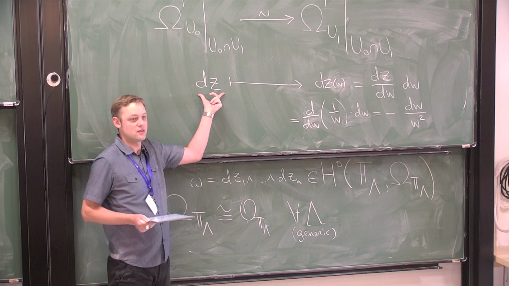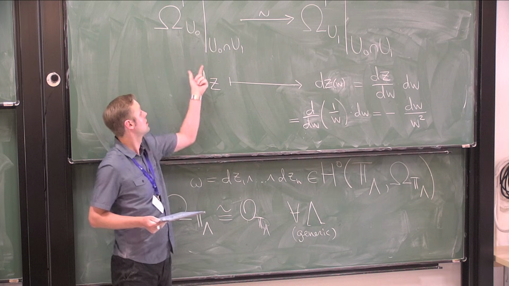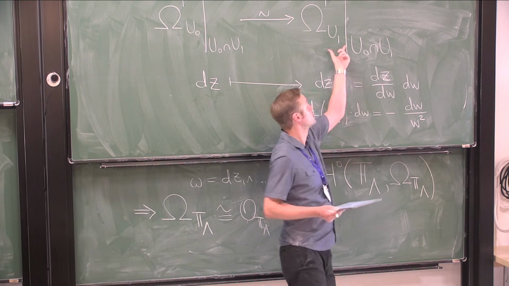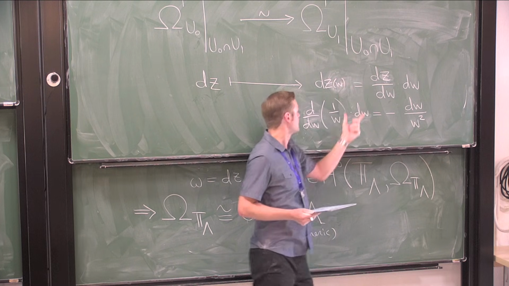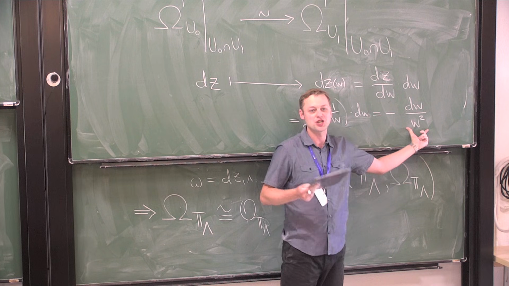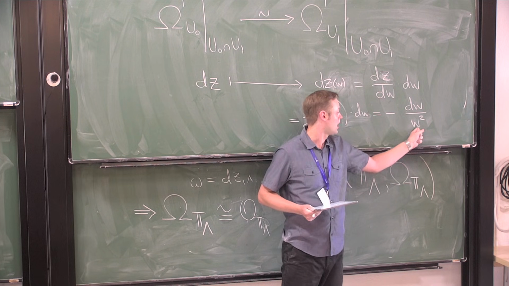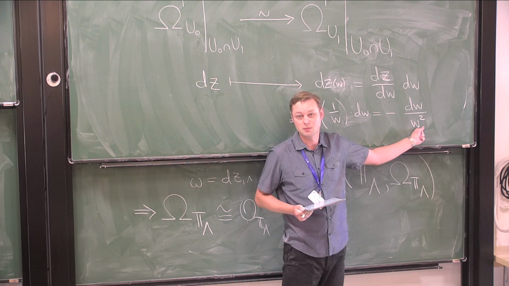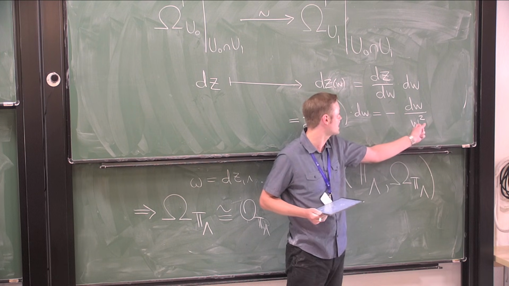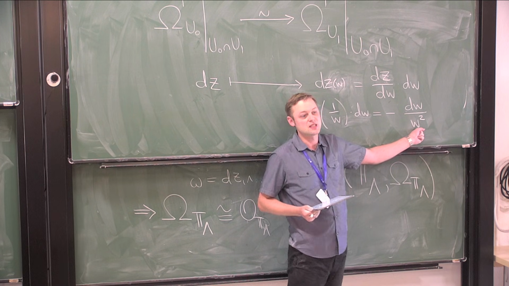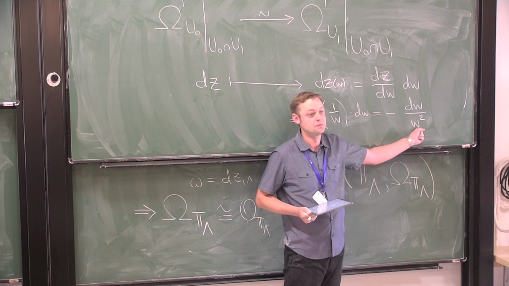But the problem is that this volume form on the affine chart u0 does not extend as a volume form to the other affine chart, because its expression in the other chart has a problem at w equal to 0, which is a valid point inside my other chart. Never mind nowhere vanishing, it doesn't even extend as a holomorphic thing. It has a pole.